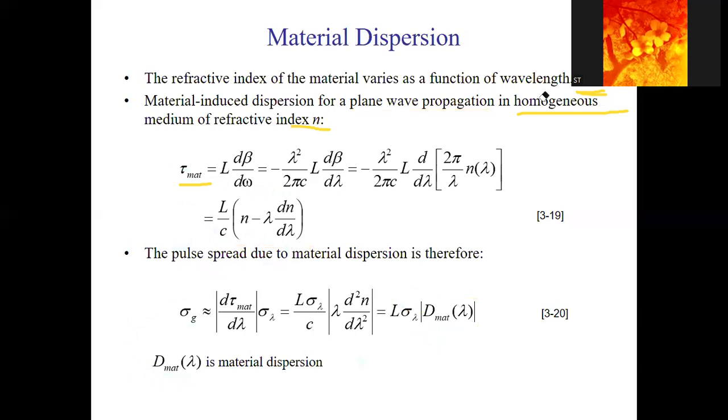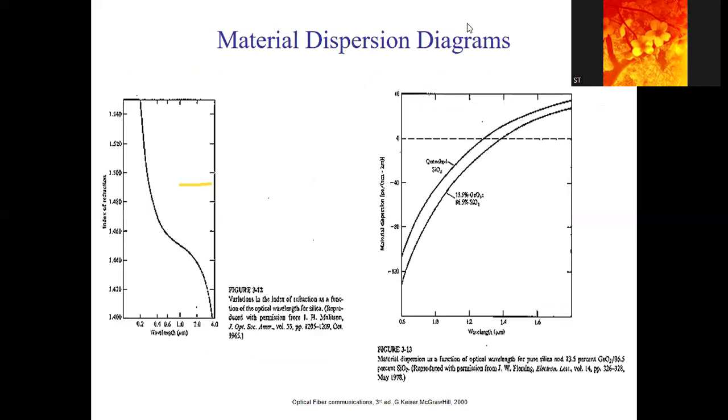Basically you have to remember that material dispersion is because of the dependency of the refractive index on the wavelength. So this is the formula to calculate the material dispersion. Here a few case studies are given.